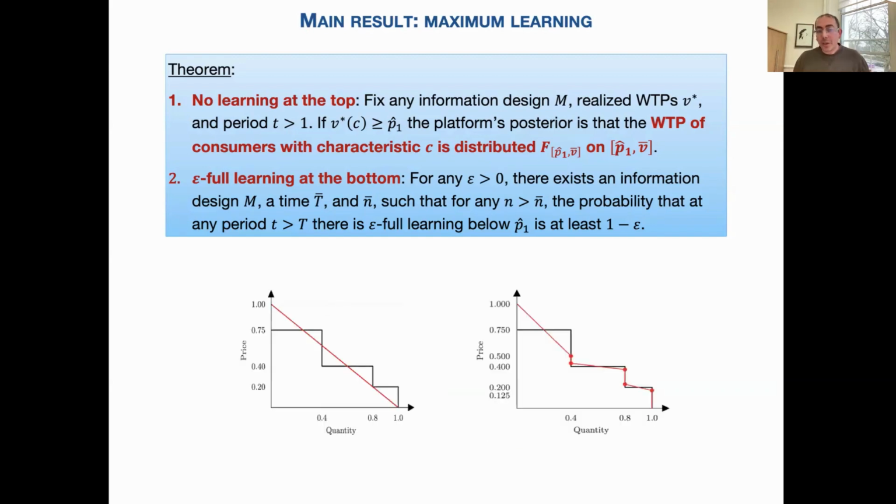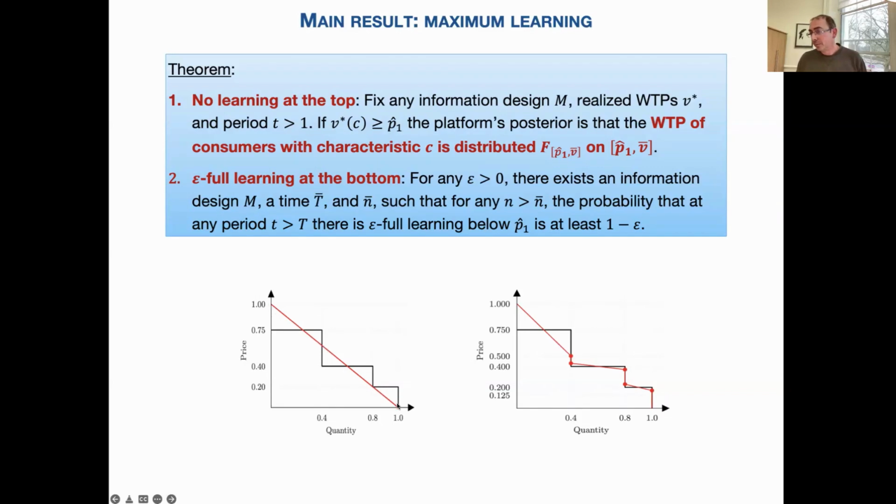Let me just put up a picture. Suppose the black curve is the real demand. This is an example where there are 3 types, 3 characteristics, and the black curve is the real demand. The platform believes that the values are drawn uniformly between 0 and 1, so this is the demand that the platform estimates at the very beginning.